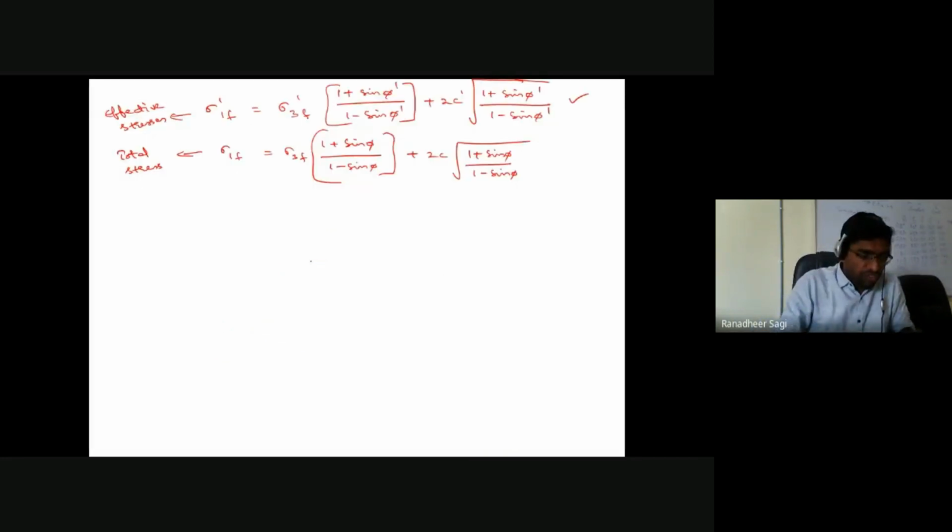Right. So if I want to rewrite my expression according to my convenience, that is sigma 1 dash at failure minus sigma 3 dash at failure.